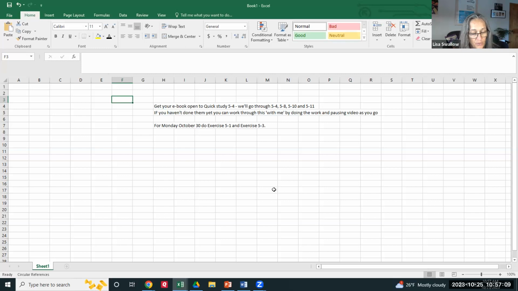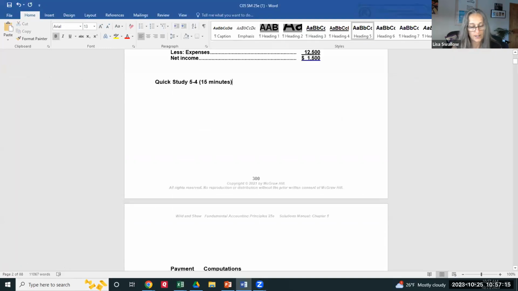Okay, so let's turn to quick study 5-4, and it asks us to compute the amount to be paid for each of the 4 separate invoices, assuming that all invoices are paid within the discount period.